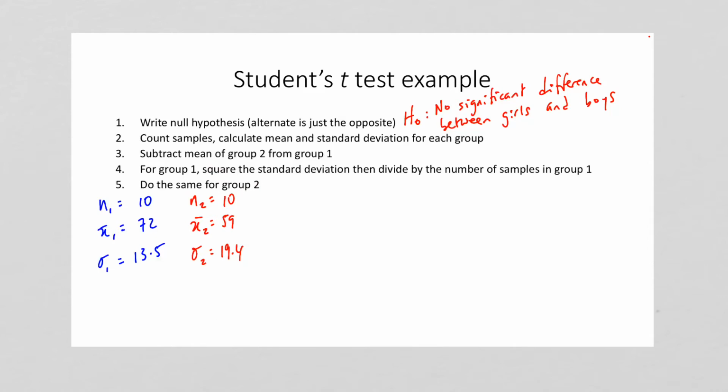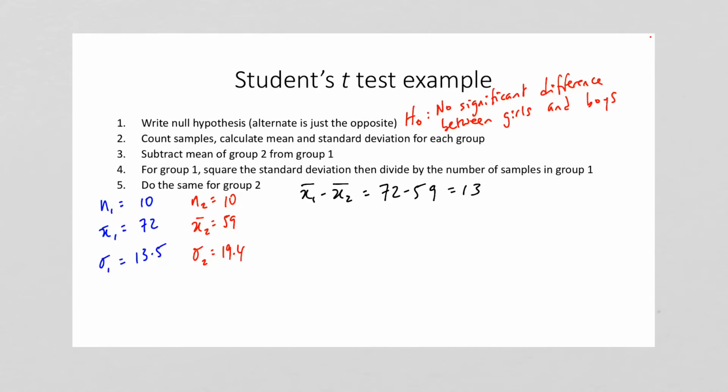And then we are going to subtract the mean of group 2 from group 1. So that is going to be x1 take away x2 means is equal to 72 take away 59, which is going to be 13. Then we need to do our standard deviation and dividing by the number of samples in group 1. So we'll start with group 1.